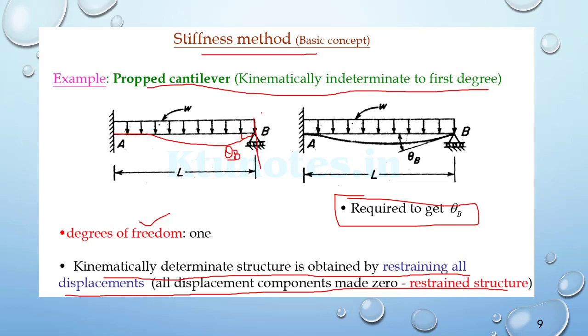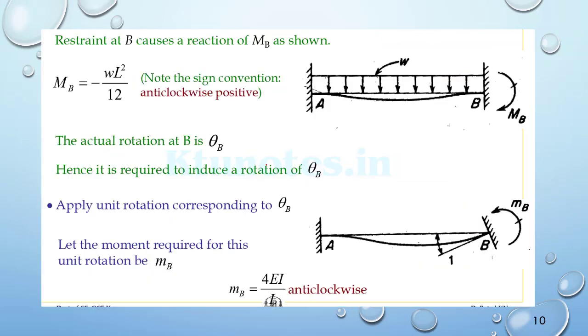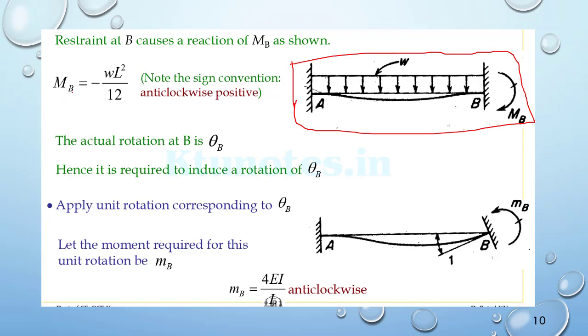So we want to make this one also fixed. Hence, this is the case, and MB is equal to minus WL square by 12. So this was the moment if there was 0 rotation at the point B.